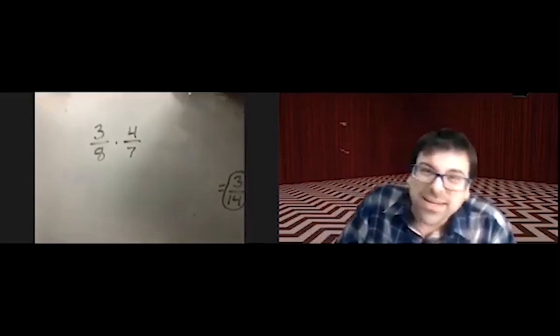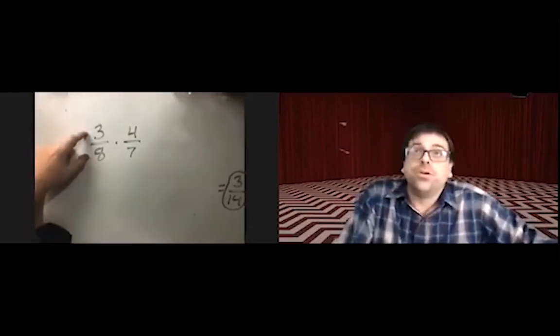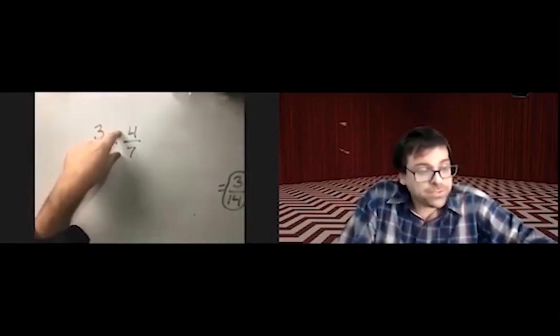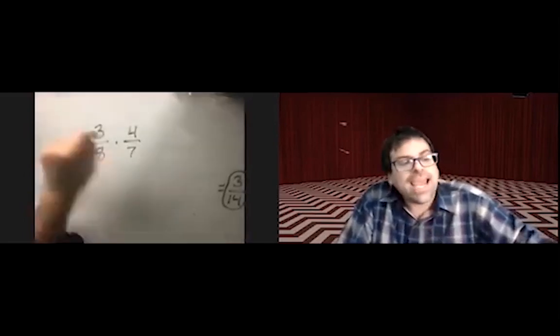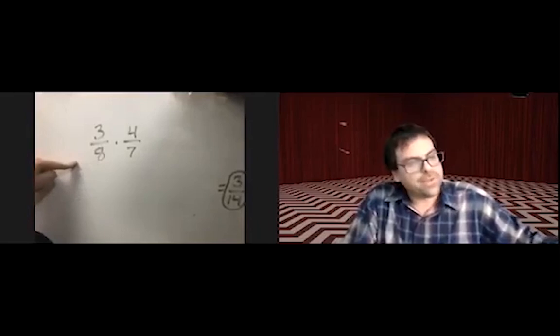How do we know when we can cancel? Well, 3/8 can't be reduced. 4/7 can't be reduced. But we should also look at anything from the top with anything from the bottom.